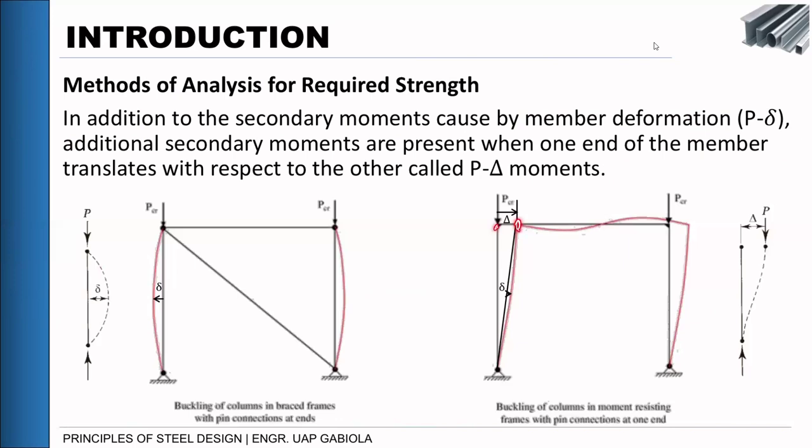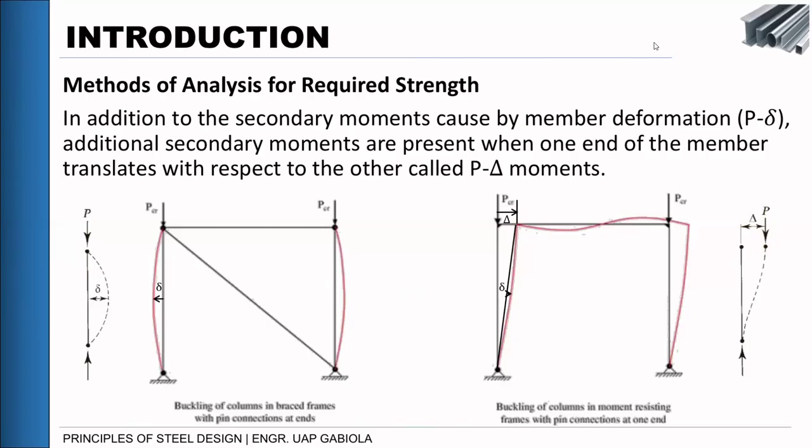That is the global deformation that our frame exhibits. So we also consider that because this axial loading na P causes an additional moment papunta dito sa member natin, which is a tinatawag natin P big delta. P big delta effect. Okay?